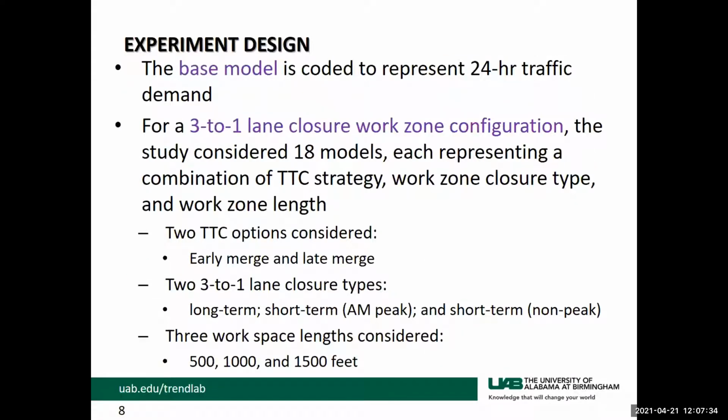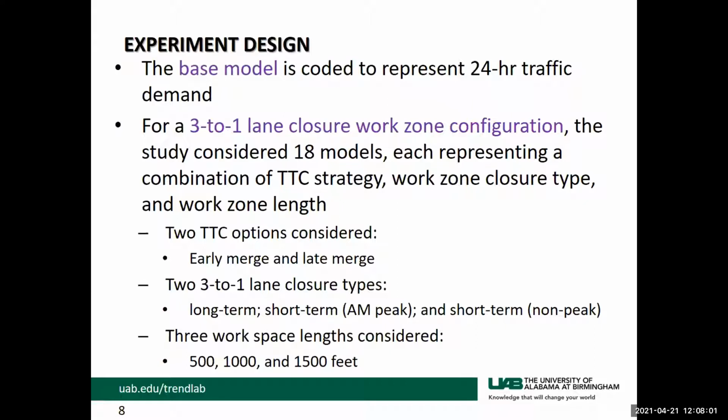The experimental design is highlighted in the next slide. The base model that we simulated represented the 24-hour traffic demand. And then we developed scenarios to look at work zone configurations. We had the 3 to 1 lane closure.